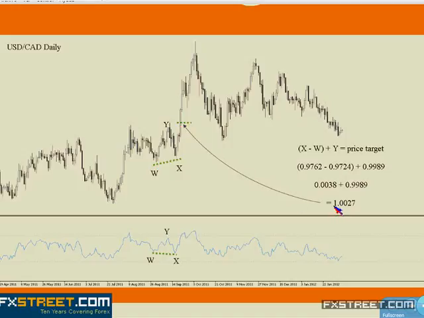Okay, and in that case we got that estimated price objective here, which is very conservative, seen in hindsight what happens afterwards. But this is one way to calculate targets by means of this hidden divergence.